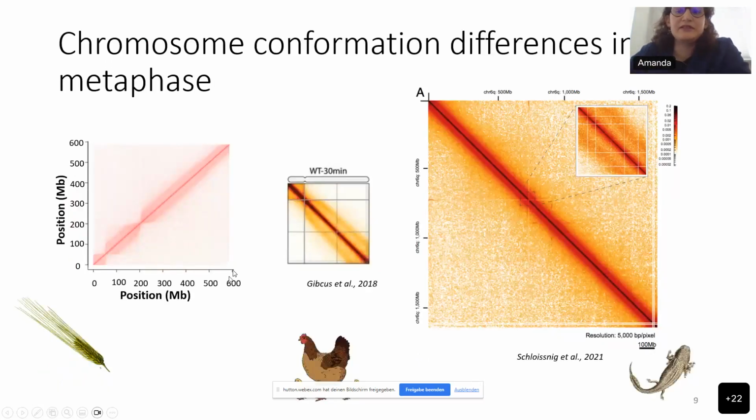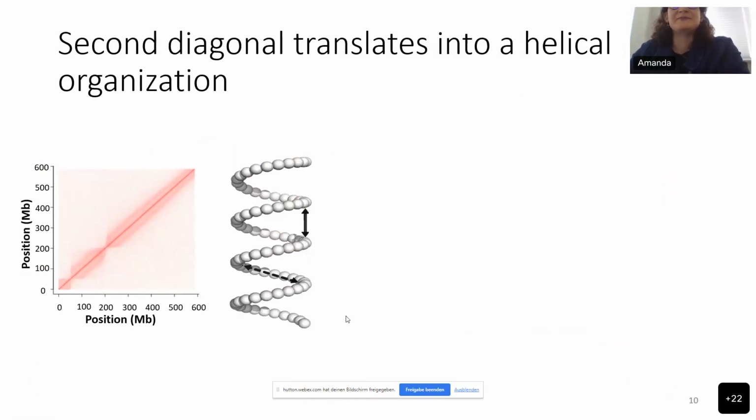So even when comparing very different species, there is this main pattern that's the same, and it makes sense because all of them need to go through this compaction process to reach mitosis, and maybe they have the same process. So an interesting thing to investigate. And the second diagonal could only translate into a helical organization, as far as we know. There hasn't been proposed any other model that could explain this pattern.